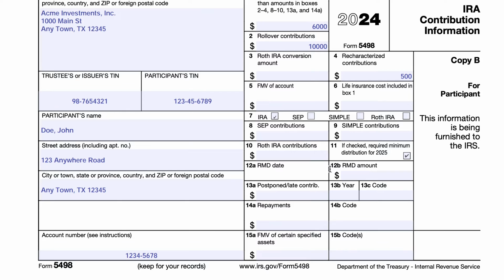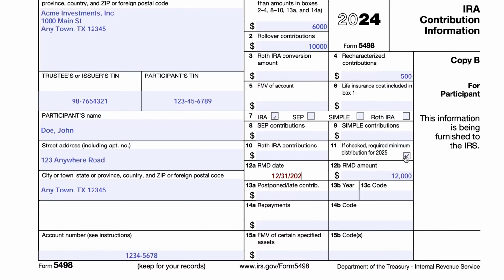It'll say what the due date is in here. I'm just going to pull a date out. Let's just say that it's by the end of the tax year, and then maybe there's an amount that your custodian or your administrator would be required to calculate for you.